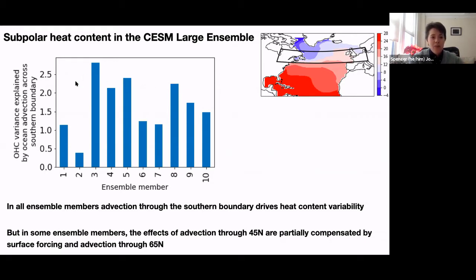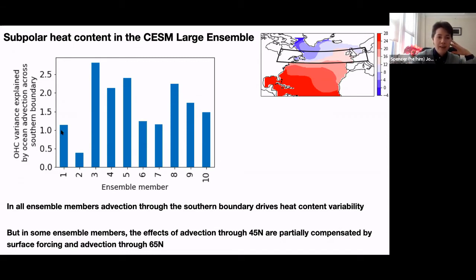But when this value is more than 1, it means that there's cancellation between the heat transport through the southern boundary and the other parts of the heat budget. So the heat transport through the southern boundary explains significantly more of the variance than if it was just the main driver.